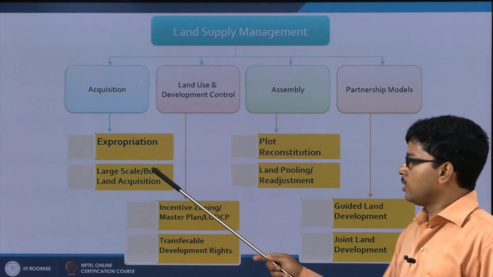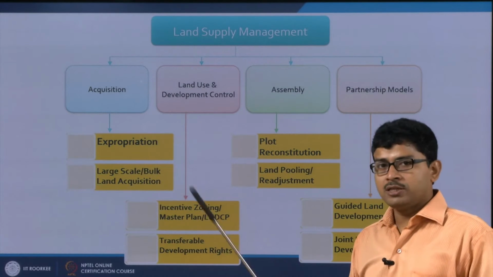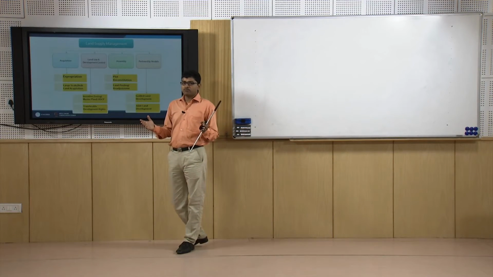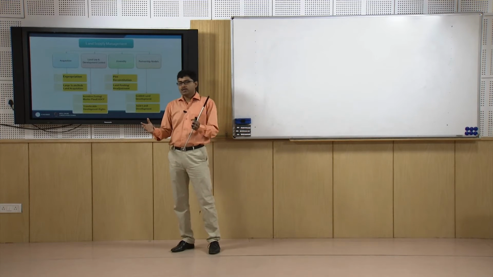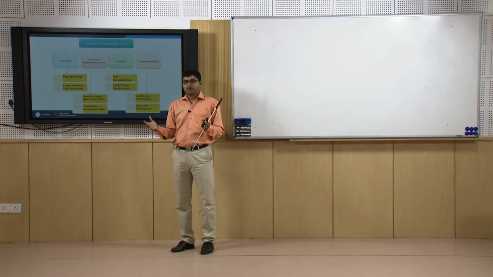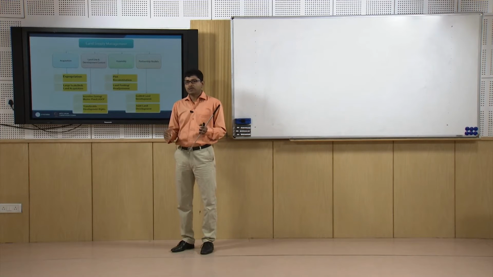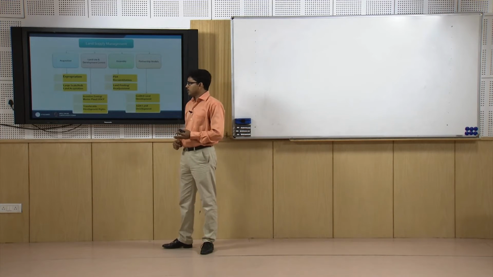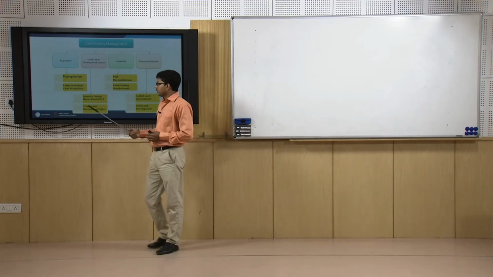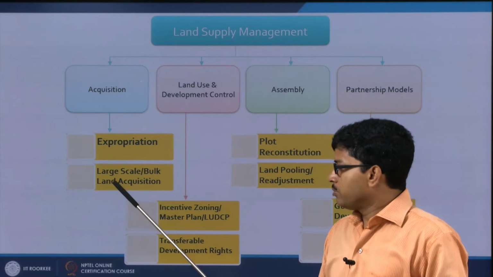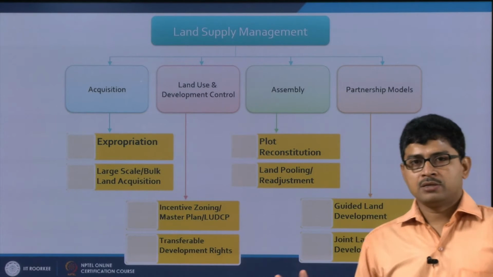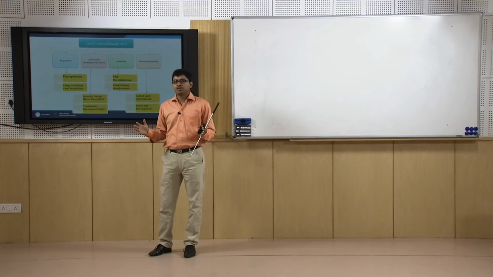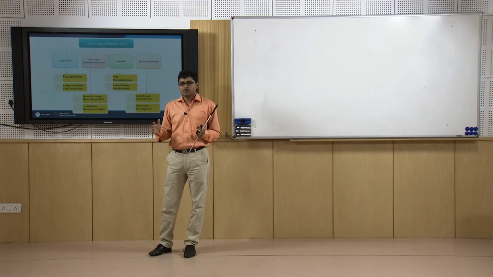Sometimes it is called expropriation, which is nothing but that for any public purpose the government can take any property, it may be land, it may be any building also, but in return the government has to provide adequate compensation. Other than this, the government can take large scale land as an input to very big infrastructure development or industrial development.